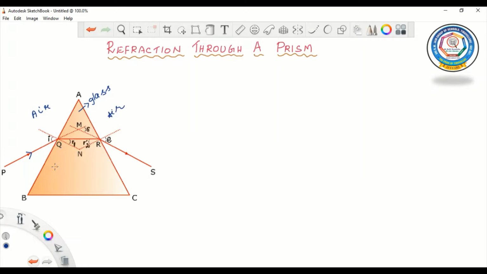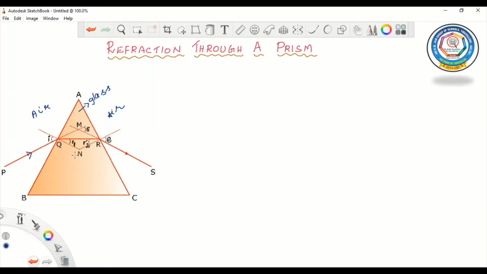So this incident ray PQ, which is incident on this face AB of the prism at an angle of incidence I, as it enters the glass medium, bends towards the normal. And here the angle of refraction is R1.